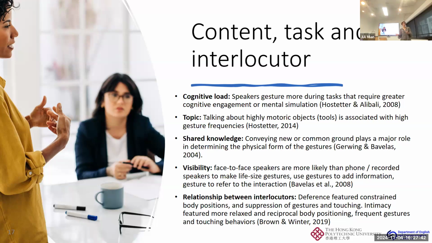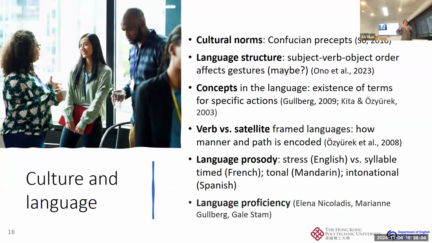Visibility also impacts how we gesture. So even on the phone, we gesture, but in a different way than when we're talking to someone face to face, because the person that we're talking to also defines how we gesture. Especially in cultures where there's a hierarchy, deference plays a part. So that's familiarity, and this obviously connects to cultural norms.